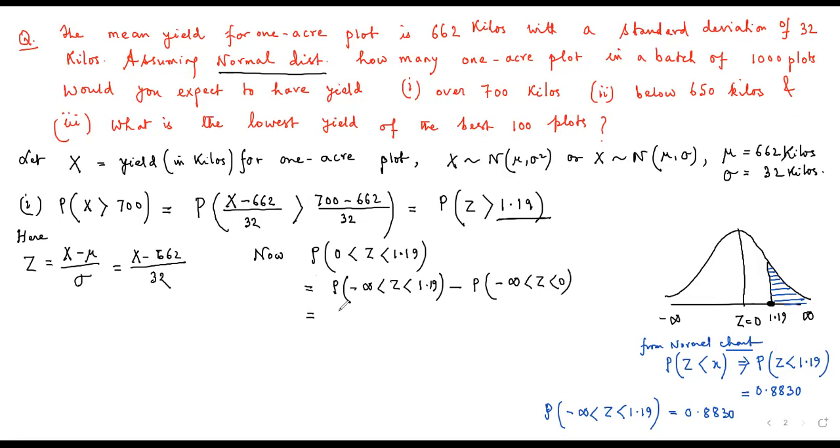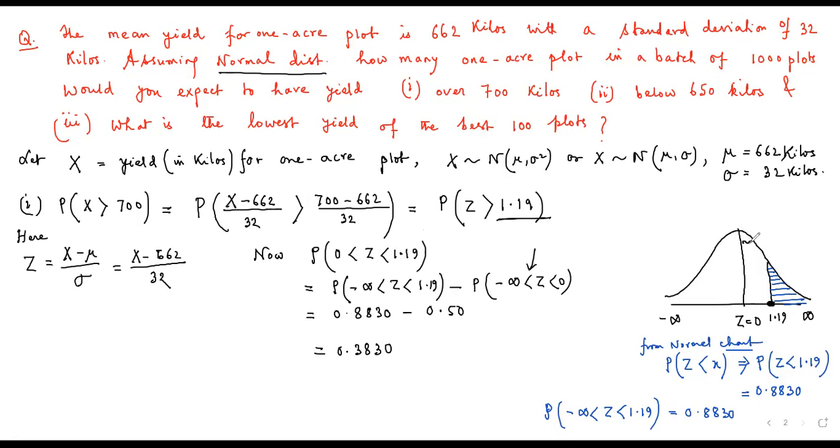We know that this particular region is 0.5. So 0.8830 minus 0.5 will give you 0.3830. This is the probability that we are calculating from here.